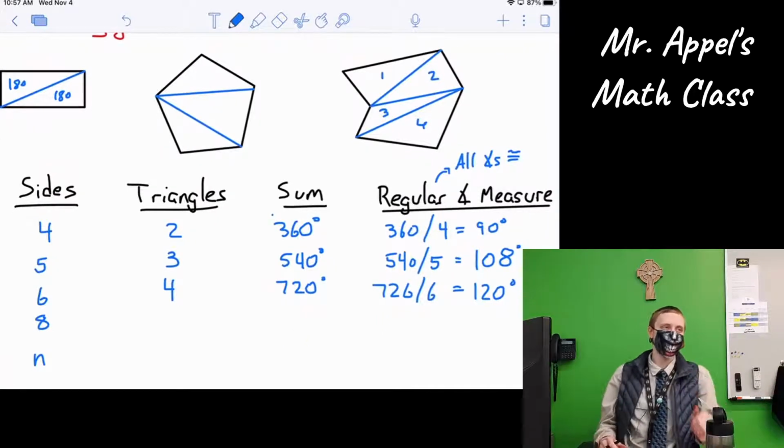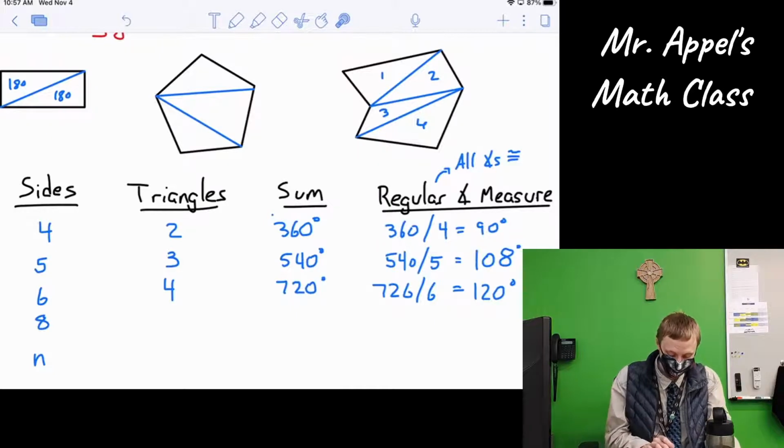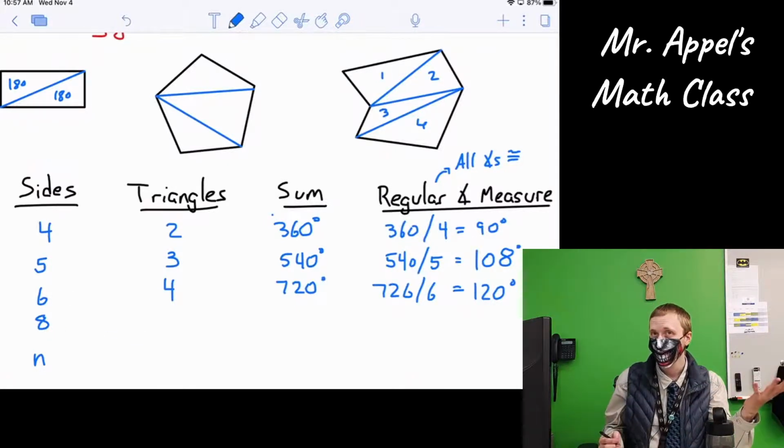So what do you predict? Look at the pattern here. 4 sides, 2 triangles. 5 sides, 3 triangles. 6 sides, 4 triangles. 8 sides, how many triangles?